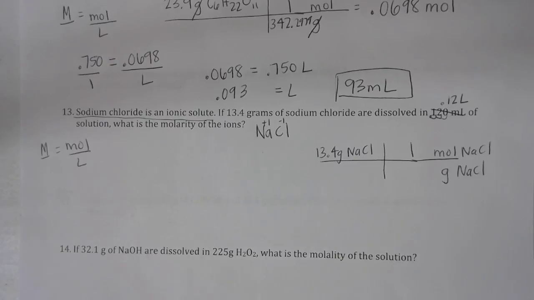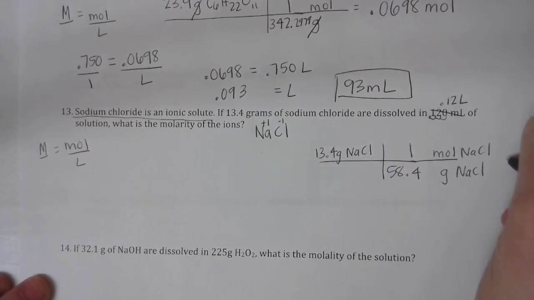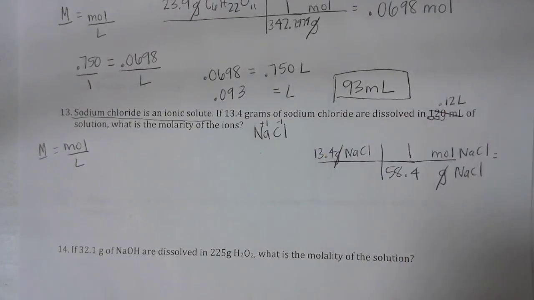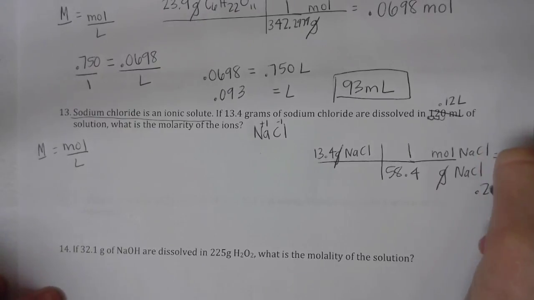So the molar mass is 58.4. So now all I have to do is divide 13.4 divided by 58.4. And that's going to give me 0.229 moles of sodium chloride.